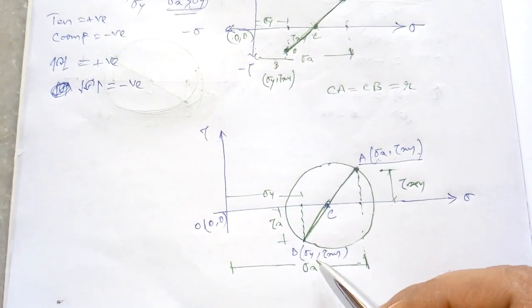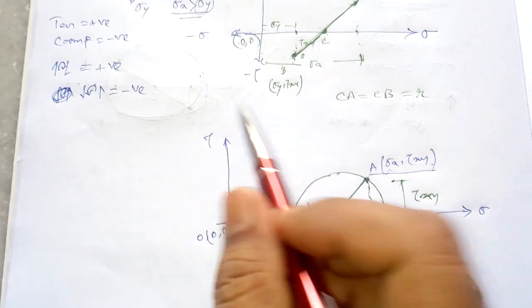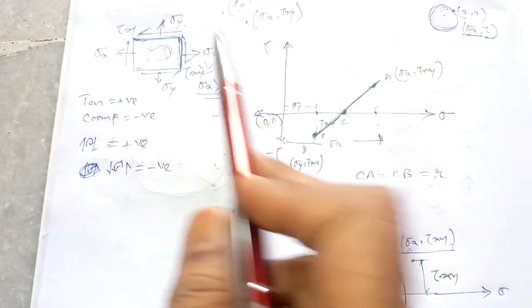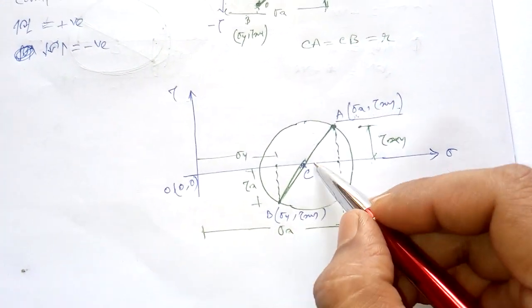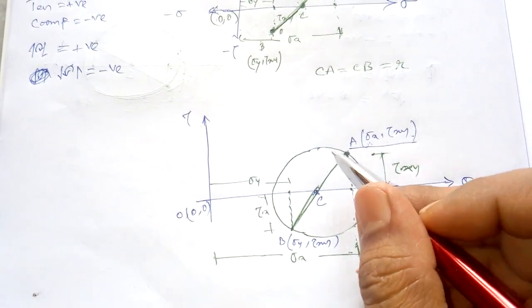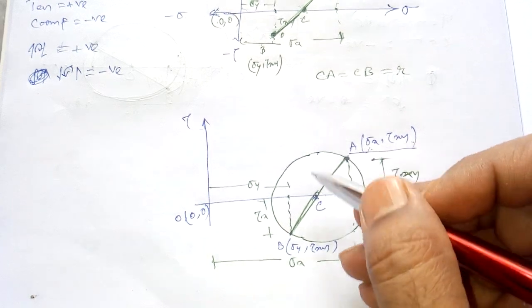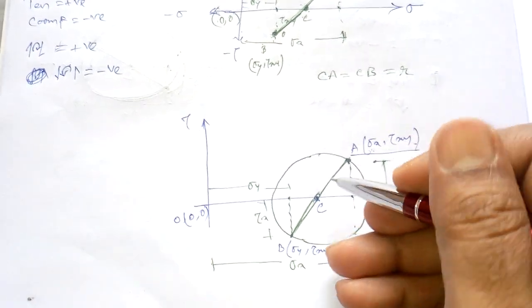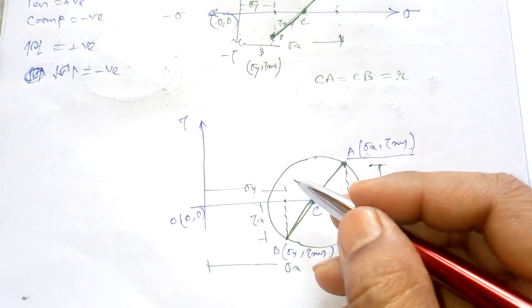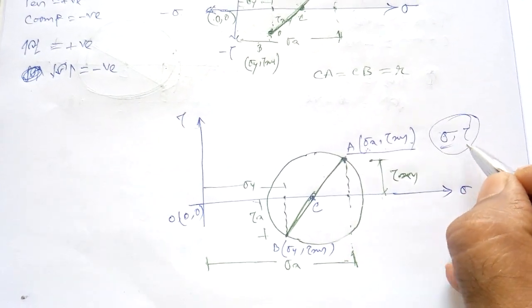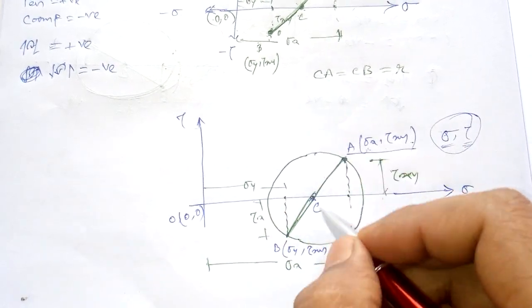And for B, sigma y and minus tau xy, this is giving you the stress condition of this horizontal section. So similarly, all the points on the perimeter are giving you some coordinates, having some sigma value and some tau value. Those are nothing but the normal stresses and shear stresses for particular planes.